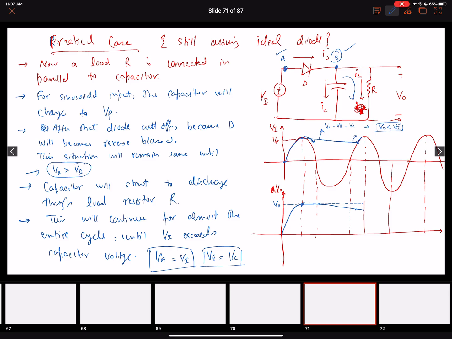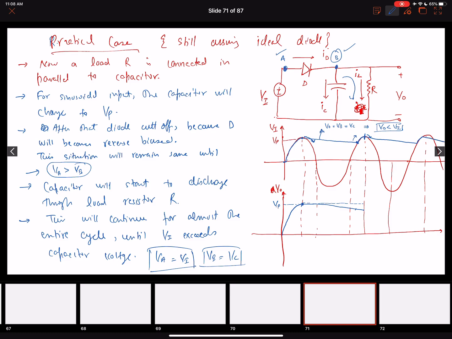So this charging is again going to start to happen. At this point, again moving below, V naught again will become more than the Vi, and it will stop charging, and then it will become open circuit, and our discharge cycle will continue. So essentially we're going to get this thing again, and again, and again.